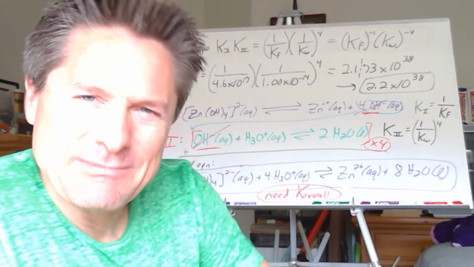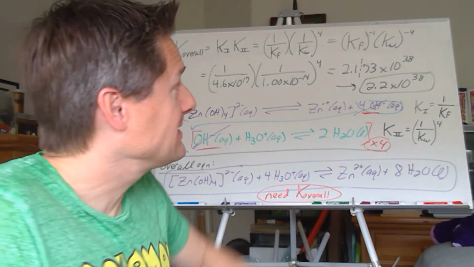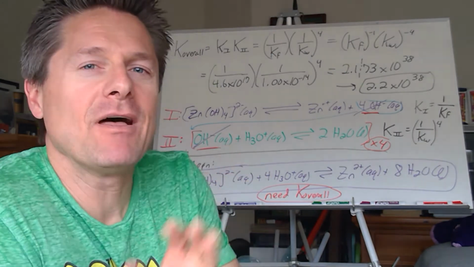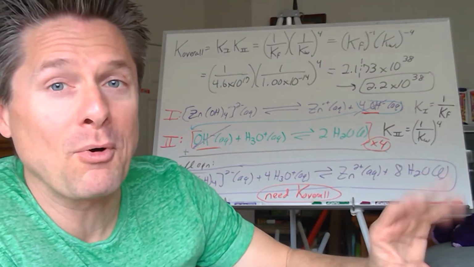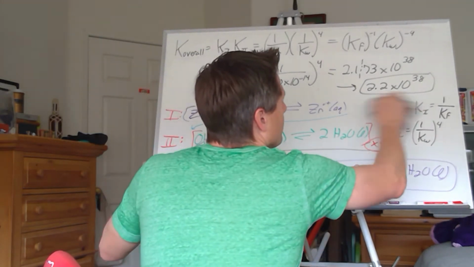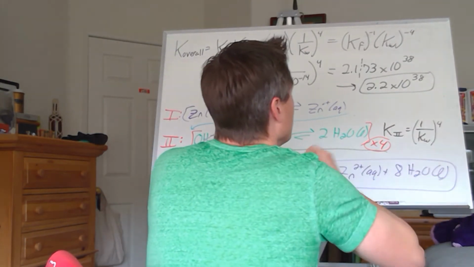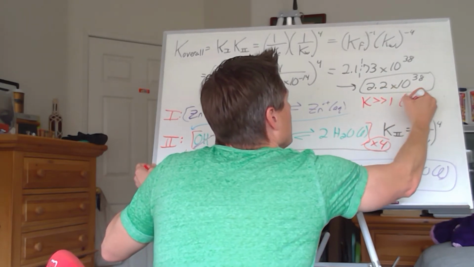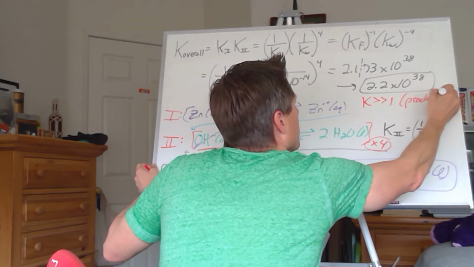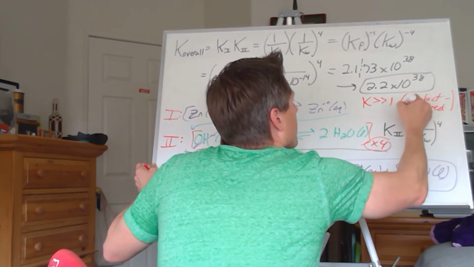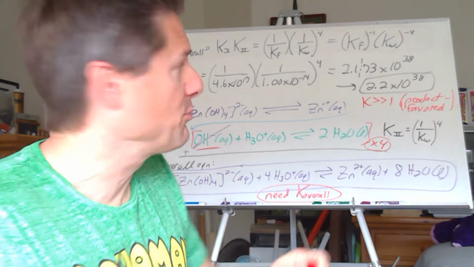Do you think that's bigger than 1? A lot of times they'll use a guideline of 10 to the 10th. Any K value bigger than 10 to the 10th is pretty much all products. Since this K value is way bigger than 1, this is product favored.